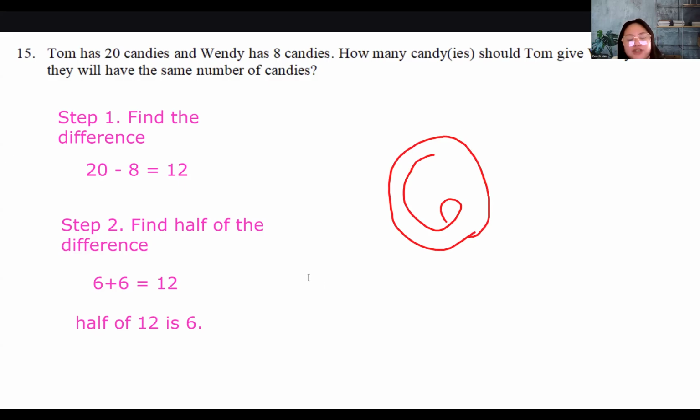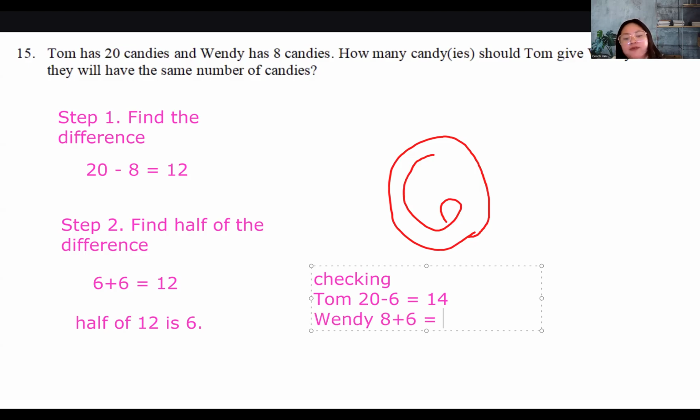And if you want to do checking, if Tom gives 6 candies, he would have 14 candies in the end. Now, if Wendy receives 6 candies, she would have 14 also. So by giving away 6 candies, they would have equal candies. So that's the answer.